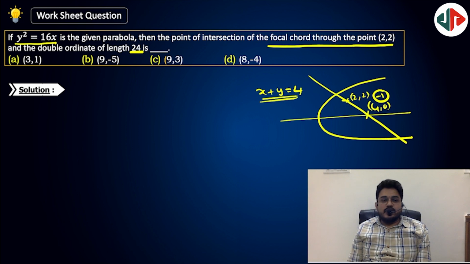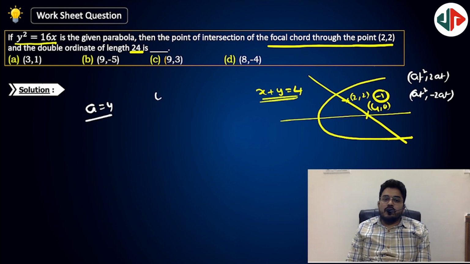Double ordinate is 24. What is the double ordinate length? 24. So double ordinate 24 means here a t square comma 2at. So another point will be at square comma minus 2at. So a is equal to 4.